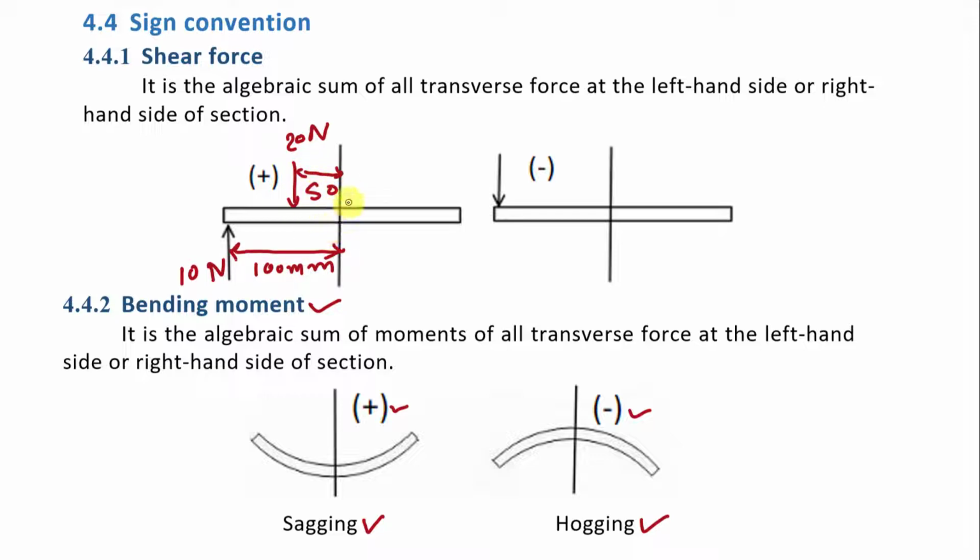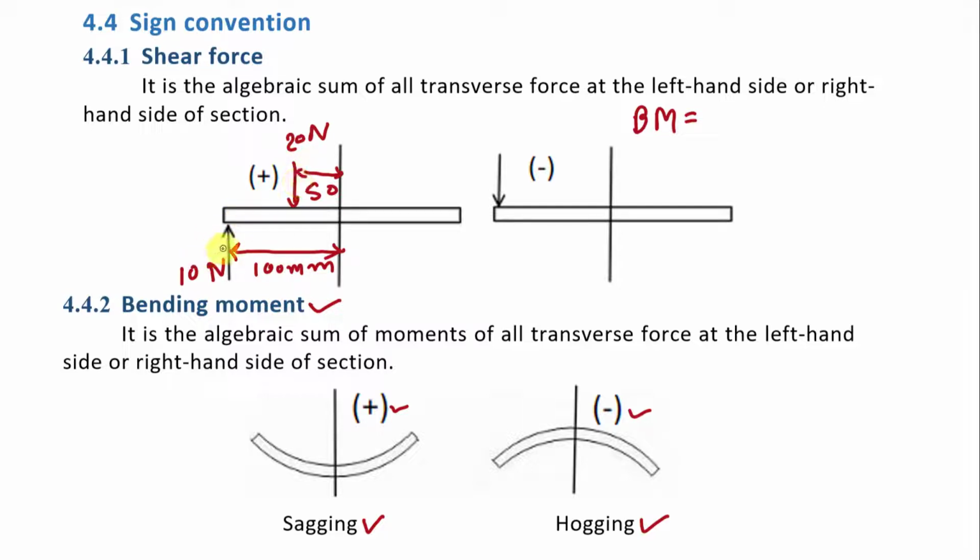In this case we want to find the value of bending moment at this cross section. How can it be found? We will take the sum of all the moments produced by the transverse forces acting on the beam at the left side of this section. So here the value of bending moment will be equal to the bending moment due to this load plus the bending moment due to this load.